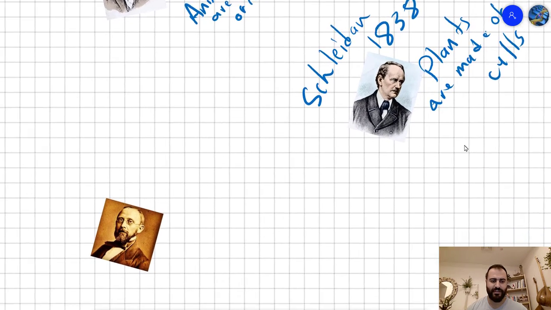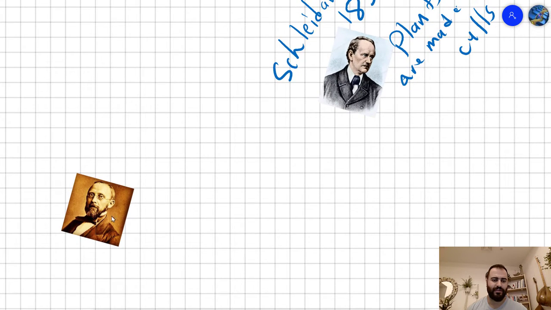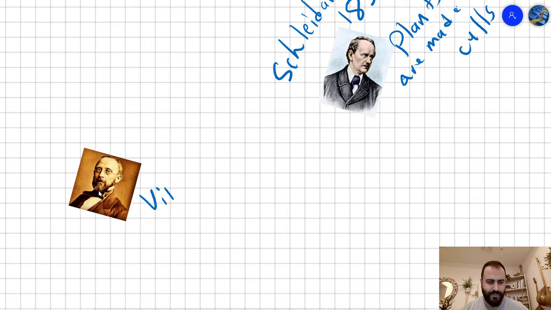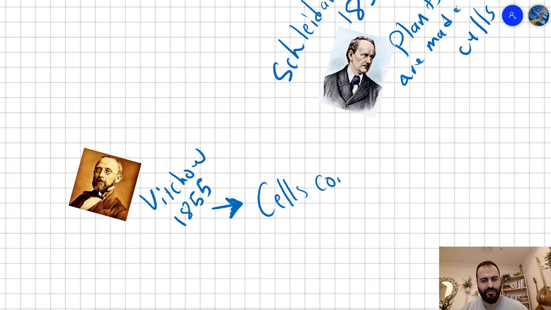22 years after that, again another German scientist, Rudolf Virchow, in 1855, came to a conclusion that cells come from existing cells.